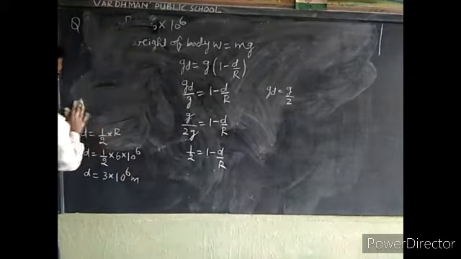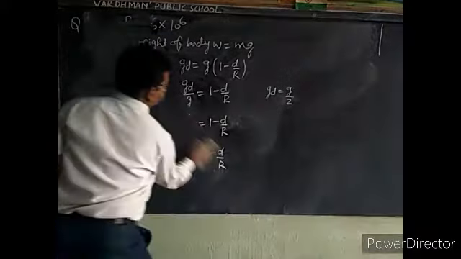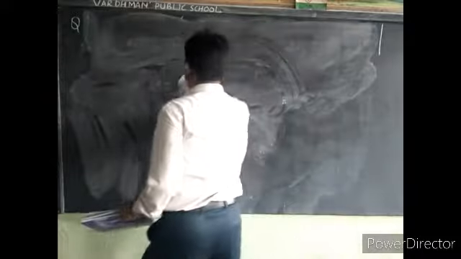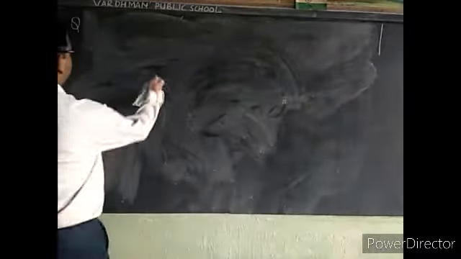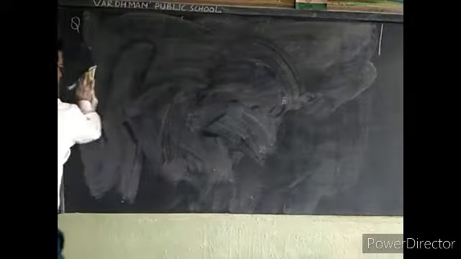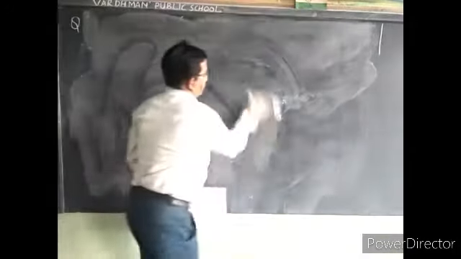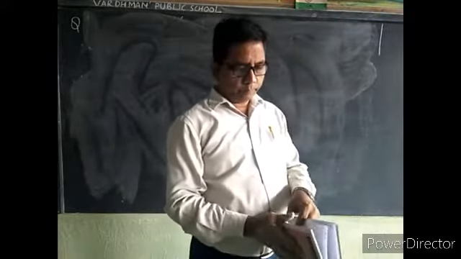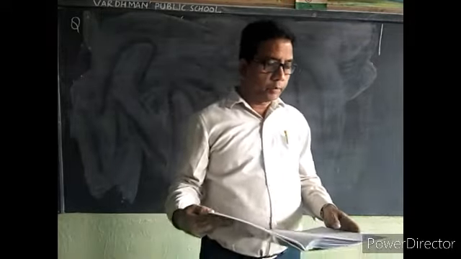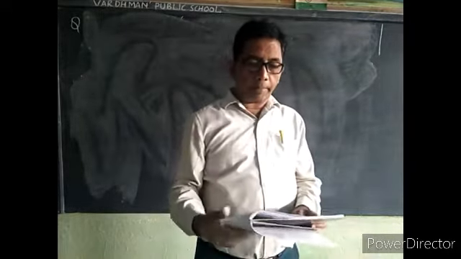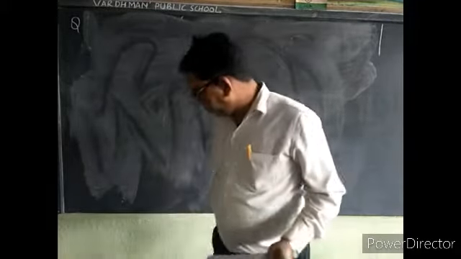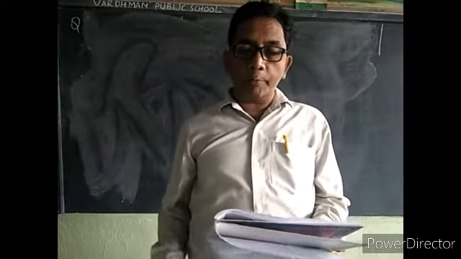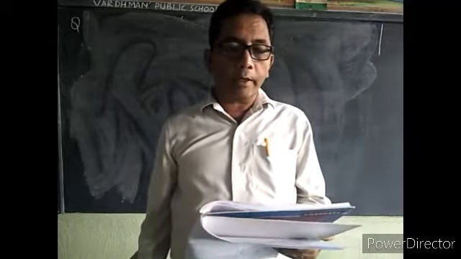Question number 7. Our next question is: how much below the surface of the earth does the acceleration due to gravity become 1% of its value at the earth's surface?